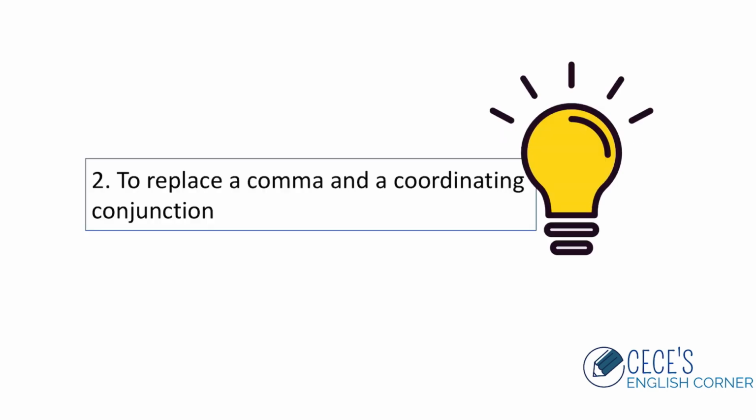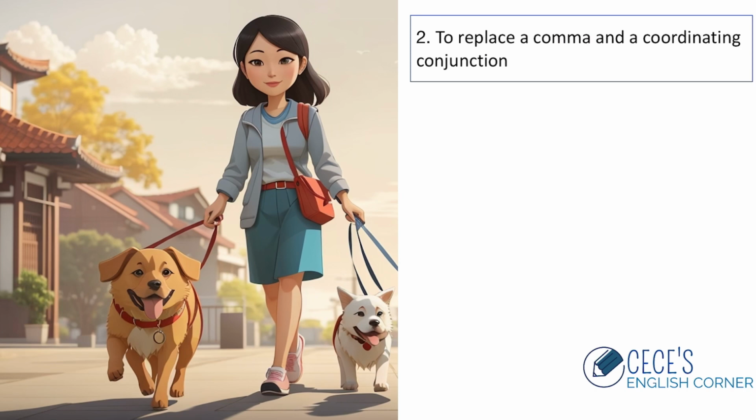Secondly, we can use semicolons to replace a comma and a coordinating conjunction. The idea again is that the 2 connecting parts or clauses can act on their own as sentences. Coordinating conjunctions are words like and, or, but, etc. For example, I have 2 dogs and I love them both. We have 2 parts to the sentence.